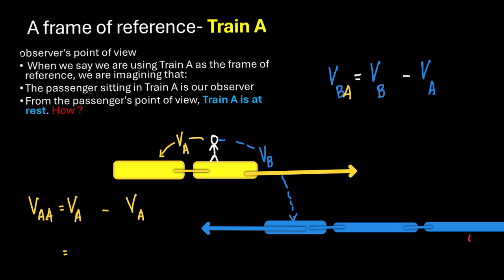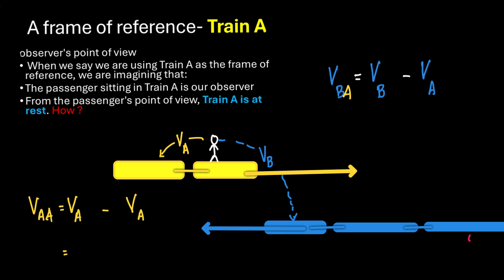Velocity of A is with respect to the observer. Velocity of B is with respect to the observer. With respect to means relative velocity. Now, what is velocity of A with respect to A? Relative velocity of A with respect to A is velocity of A minus velocity of A.